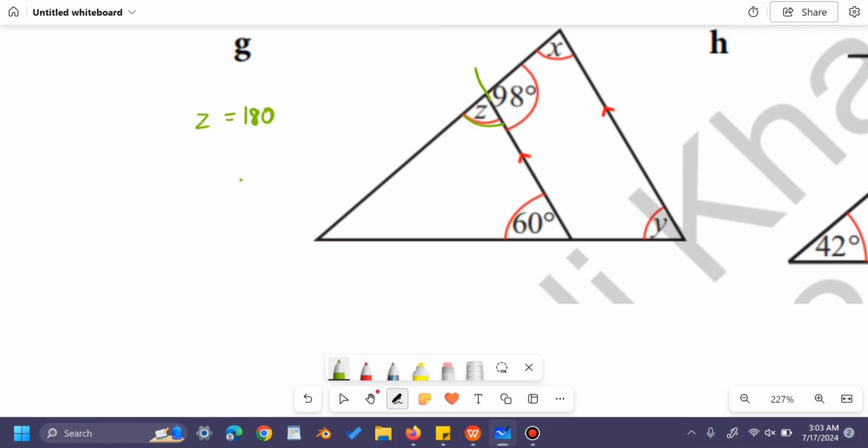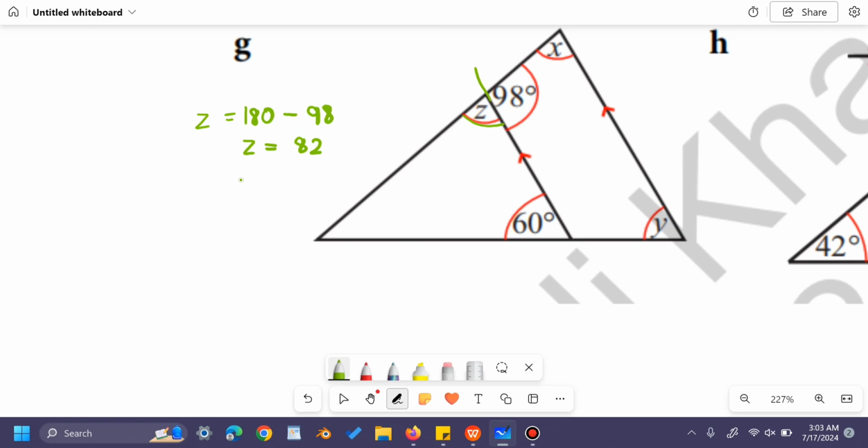Z is going to be 180 minus 98, which will be 82 degrees, right? So this is going to be 82 degrees.